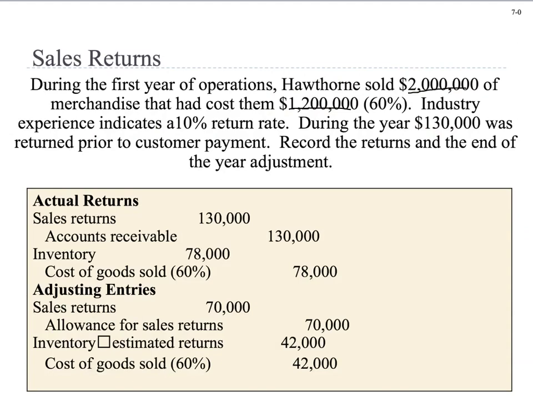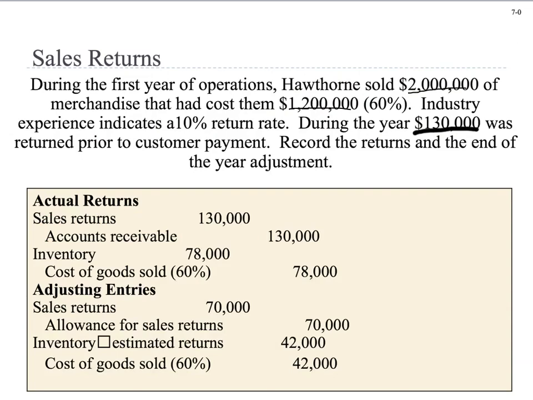Okay, so now to record the entry, you have to record the actual returns that happened. So what were the actual returns during the year? 130 is what actually was returned. So you have to reduce your sales with the debit, reduce your accounts receivable with a credit, because you've got to get the sale out of there, you've got to get the accounts receivable out of there.